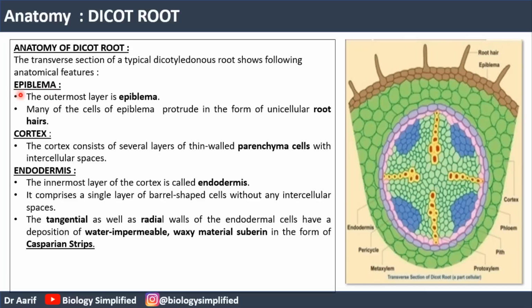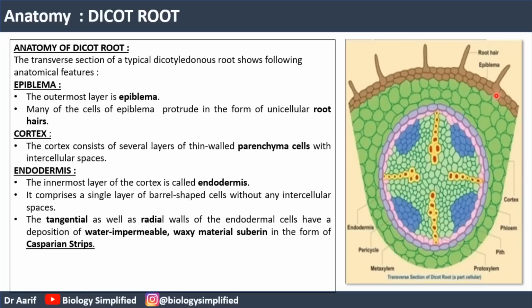It shows us the epiblemma. Sounds a little familiar. In the root, the epidermis we have learnt is called the epiblemma. Some of the cells of the epiblemma will elongate and become the root hair. So that's the epiblemma.